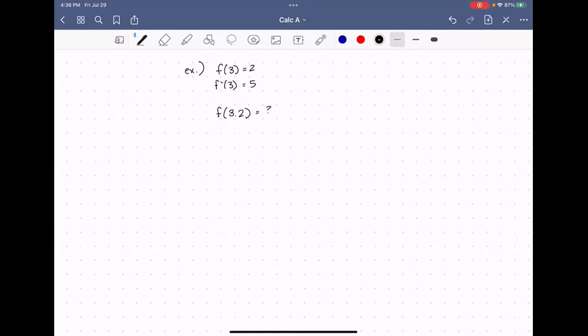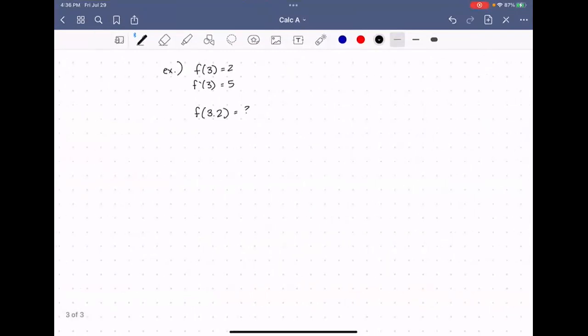Okay, so there's a formula for this. That formula is going to be f of a plus h is equal to f of a plus h times f prime of a.